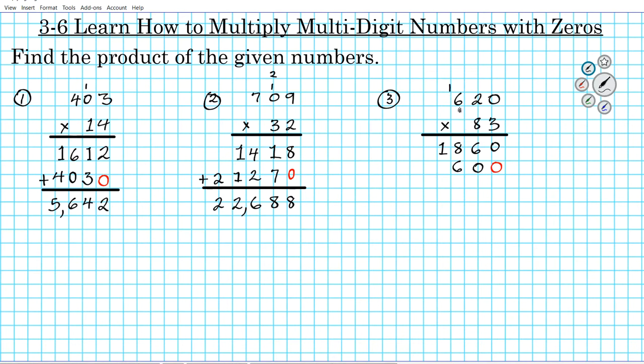And then 8 times 6 is 48, plus 1, 49. Bam, bam. Okay, so we're going to go ahead and add down these digits vertically to generate our product.